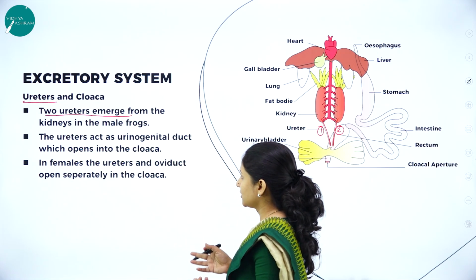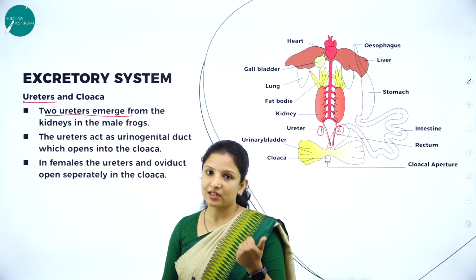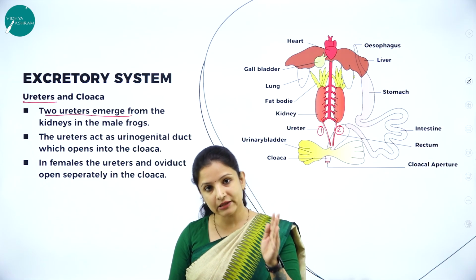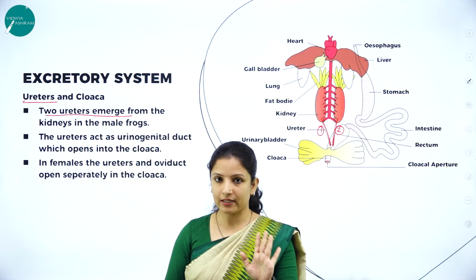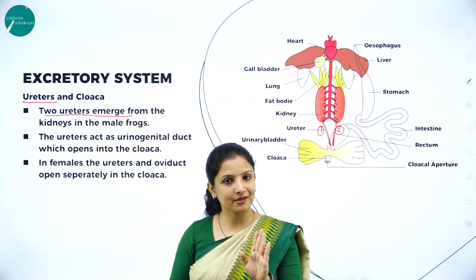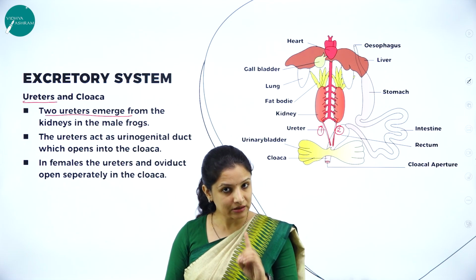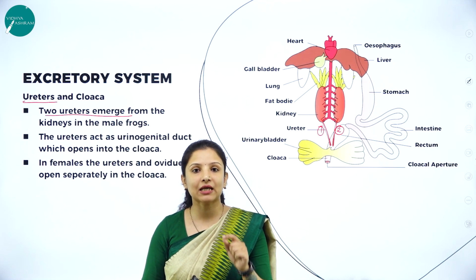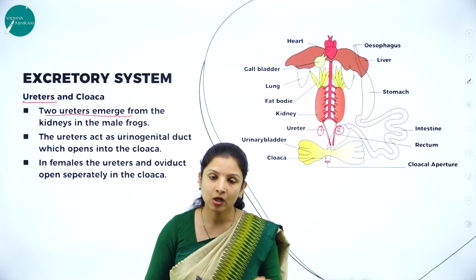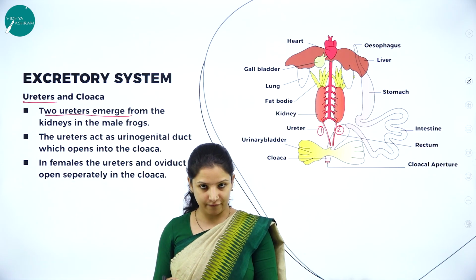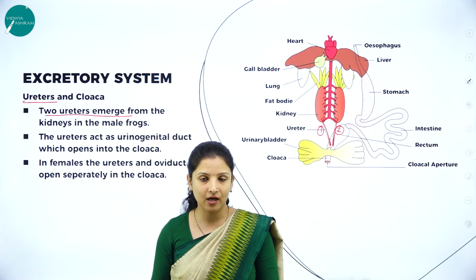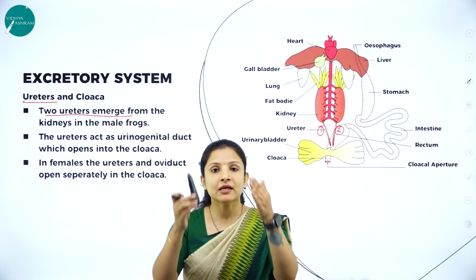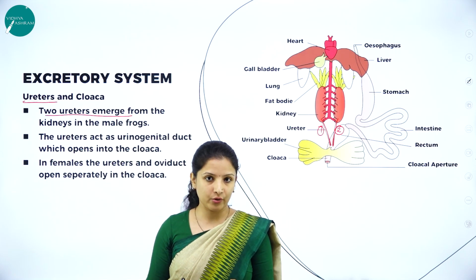So these ureters have one more particular function in the case of the male frog. Both the male and the female frog have kidneys to which the ureters are connected. But it is in the male frog that the ureter functions as a urinary tract, wherein it allows the passage of urine into the cloaca, and it also performs one more function wherein it carries the sperm to the cloaca.